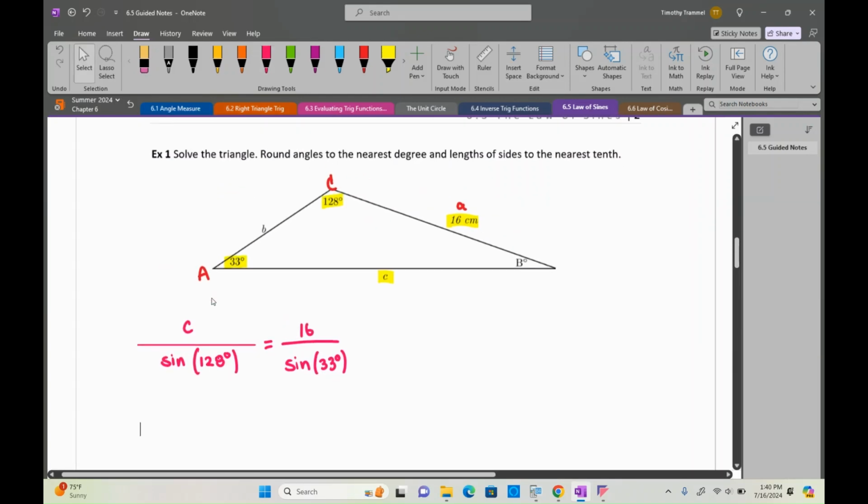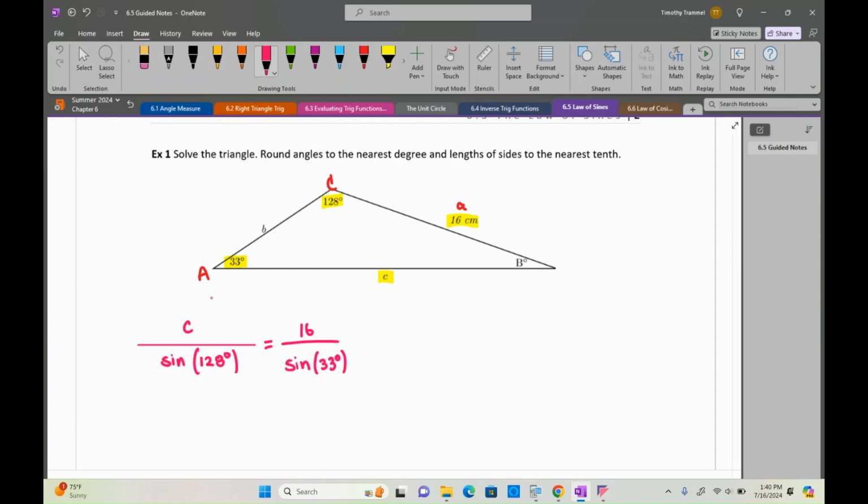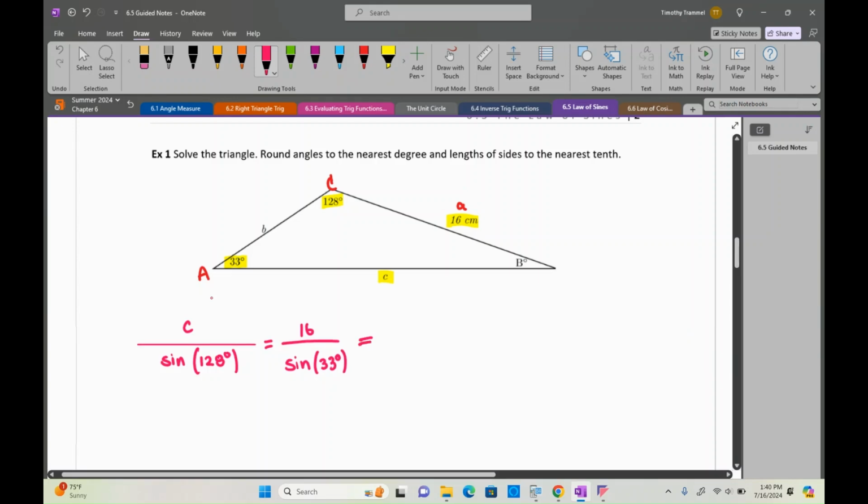Right now, all we have left to do for this step is isolate this equation in order to solve for c. All we have to do is multiply each side by sine of 128. So we get c equals 16 sine of 128, divided by sine of 33.